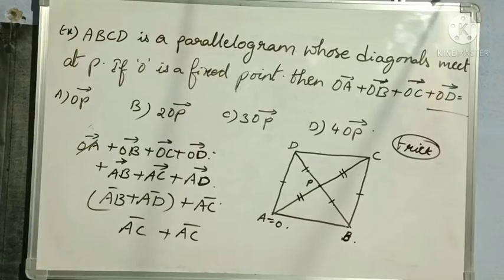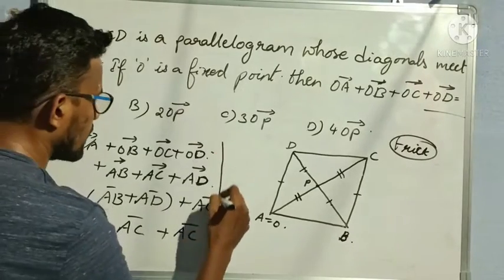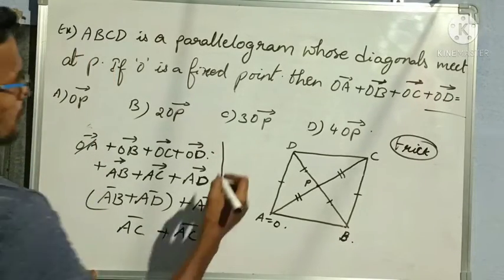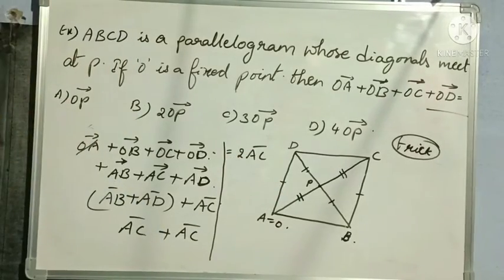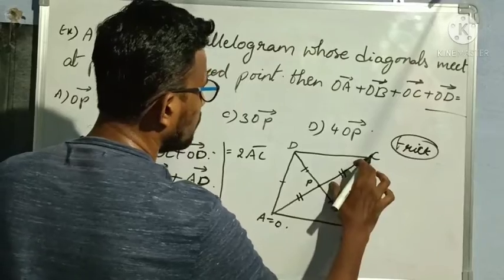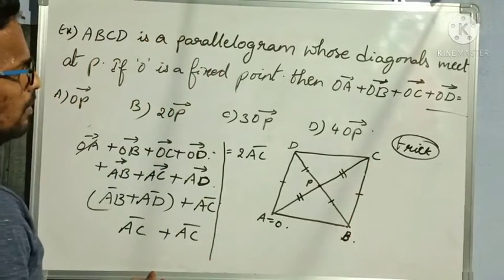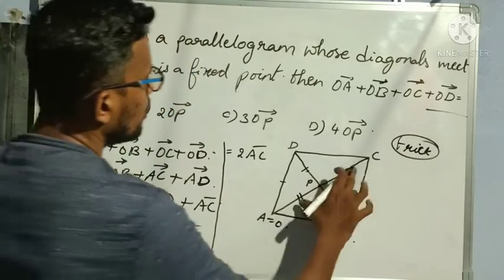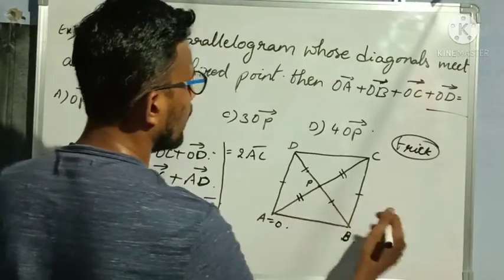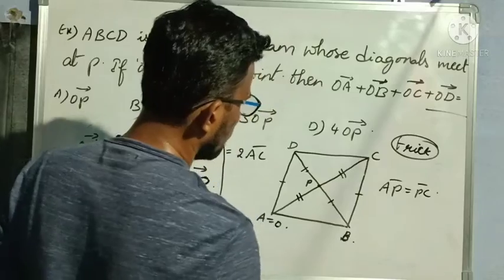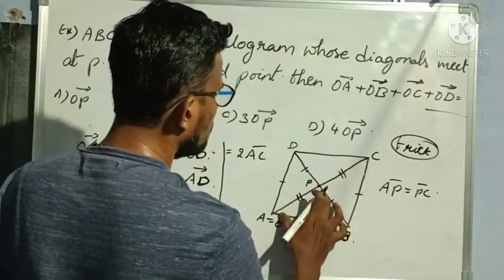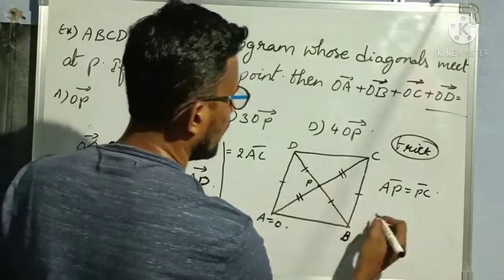So how many times AC am I getting? 2 times AC, right? So this is equal to 2 times AC. But see here, AP is equal to PC, right? So AC I can write as 2 times AP. See here, AP is equal to PC, right? So AC is equal to 2 times AP, correct?